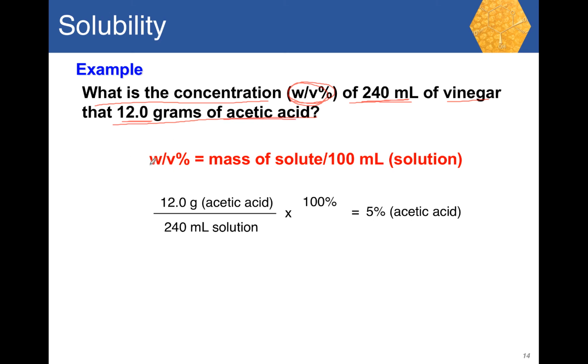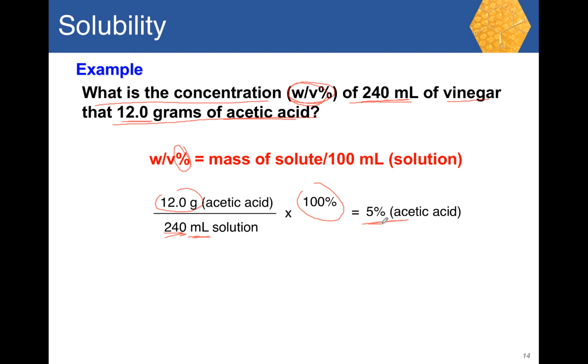This time we have 12 grams in 240 milliliters. Notice milliliters. So if this were given in liters, you have to convert it to milliliters. So this is 240 milliliters, and of course percentage because it's weight volume percent. So this would be 5%.